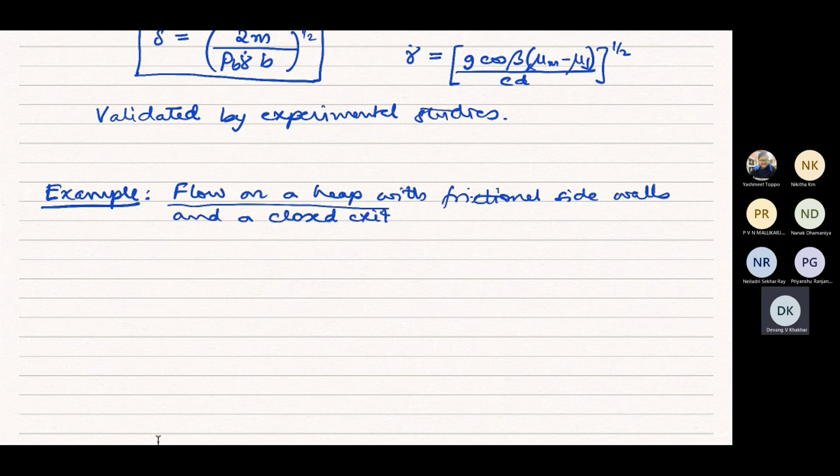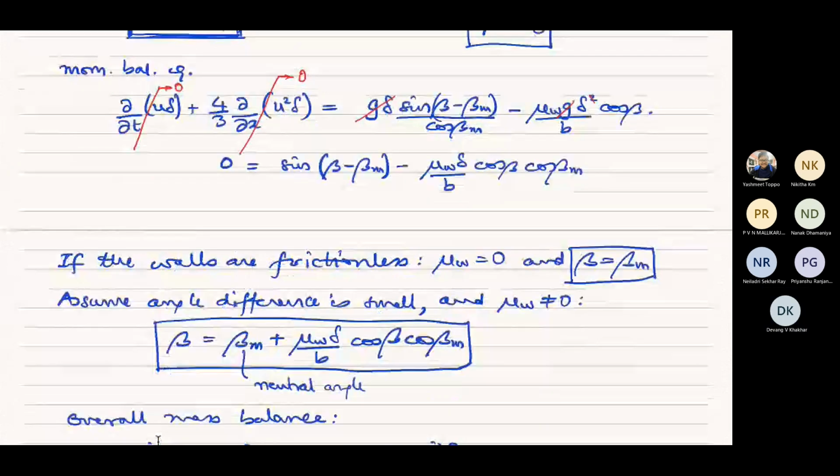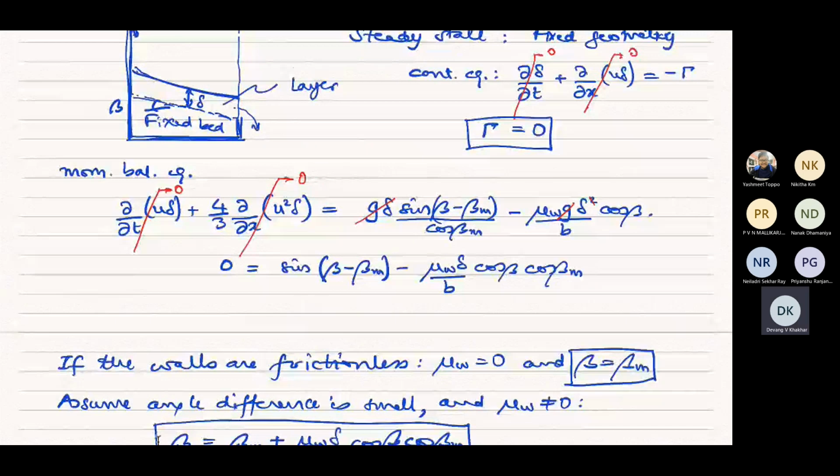So in the earlier heap, whatever material was coming in was allowed to just flow out. So here material is coming in here and then just flowing out.